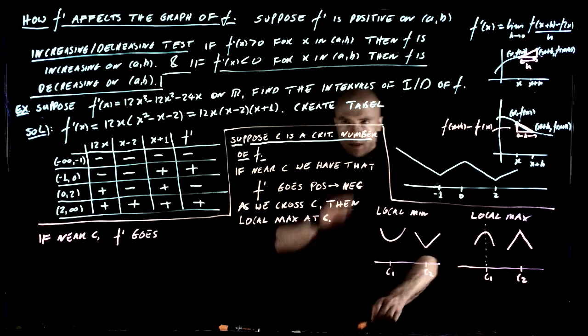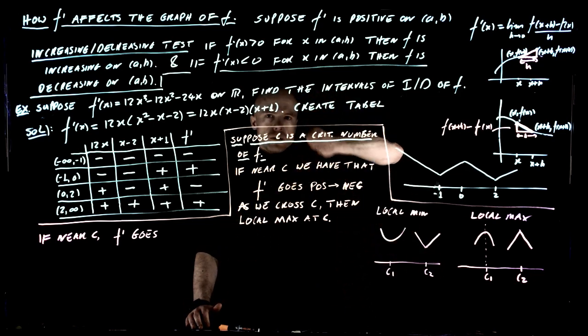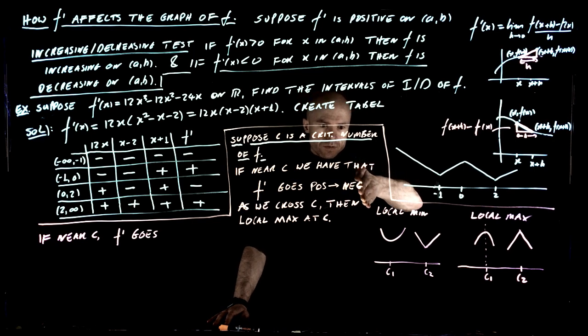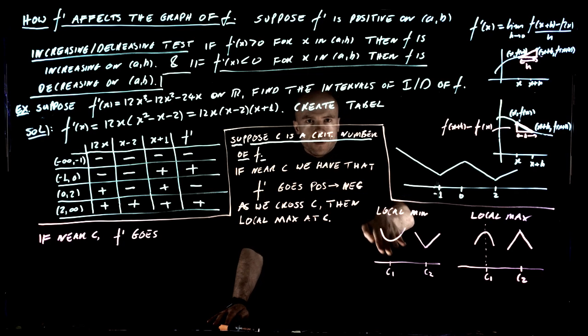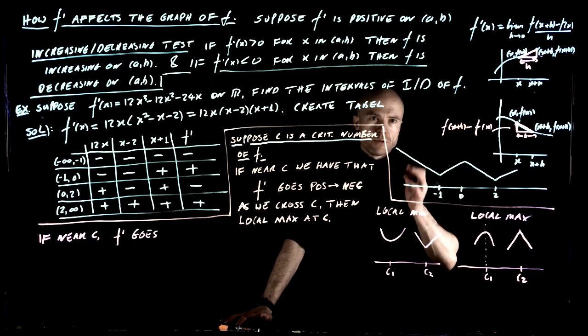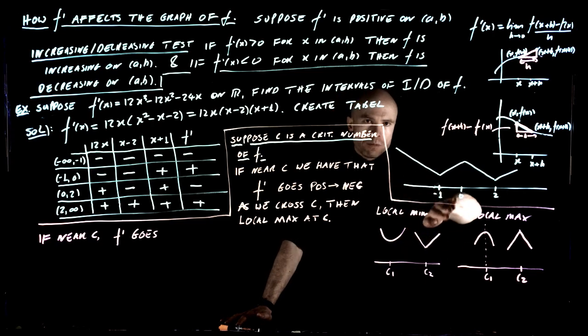Let's take our hand again and do this thing. The flat of your hand indicates the slope. So the slope is going to be negative, negative, negative, and then it's going to hit 0 here, where the critical number is such that f prime of C1 is 0. So negative, negative, negative goes to 0, then positive, positive, positive, right? Negative to positive. And if we have a critical number where the derivative doesn't exist, negative, positive.